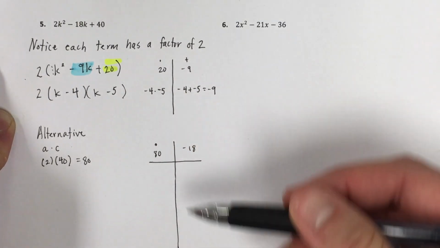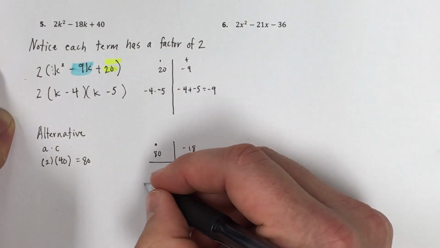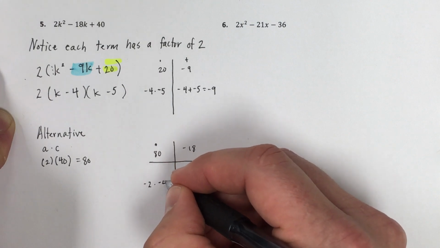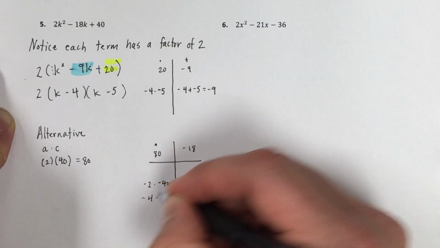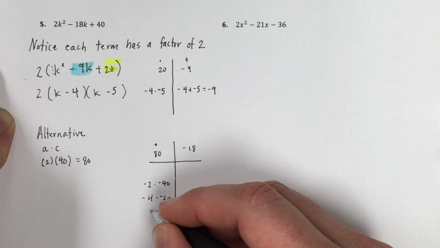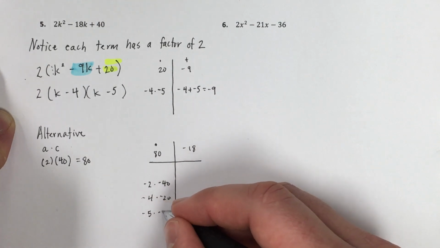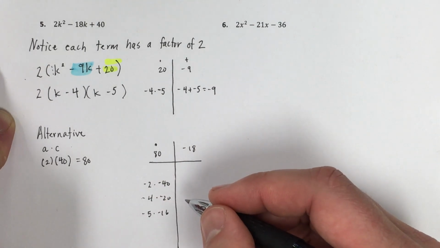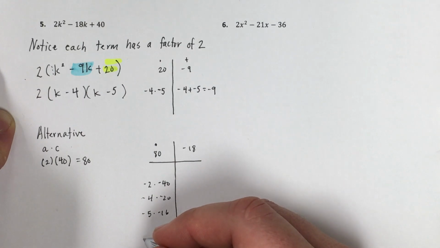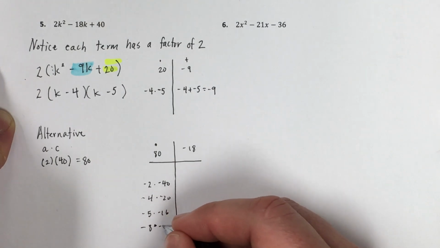This list is a lot longer than the previous one, so you might start off negative 2 times negative 40, negative 4 times negative 20, negative 5 times negative 16, negative 8 times negative 10.